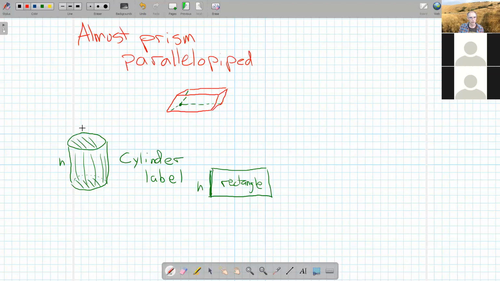And then this circumference at the top becomes this width across there. So the width of the rectangle is the circumference of the label, which I always thought was a wicked cool relationship. So there's lots of prism type things in our life.